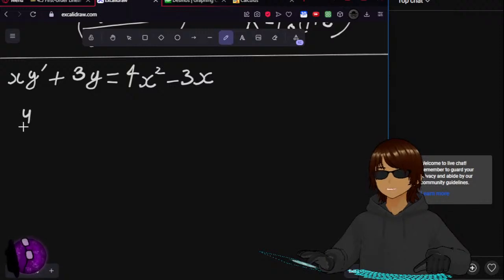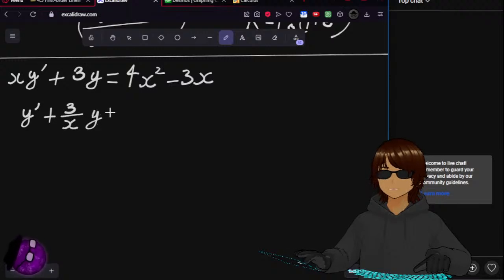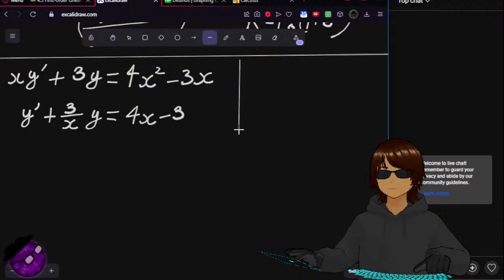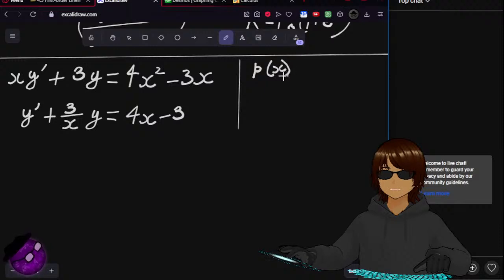Then we are left with y' plus 3 over x y equals p and q of x. So p(x) is 3 over x.